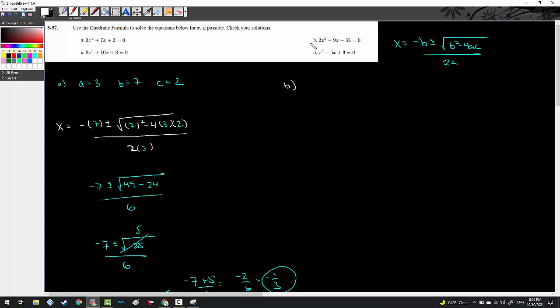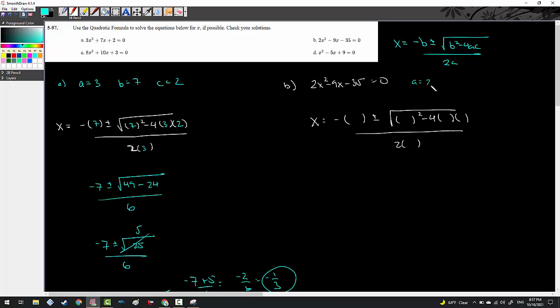And so with B, we have 2x squared minus 9x minus 35 equals 0. So again, just plug the stuff in. X equals negative b plus or minus the square root of b squared minus 4ac all over 2a. Again, the best way you can get good at this is just to keep on practicing. So let's go ahead and plug in the numbers here. Let's go and identify them first, actually.